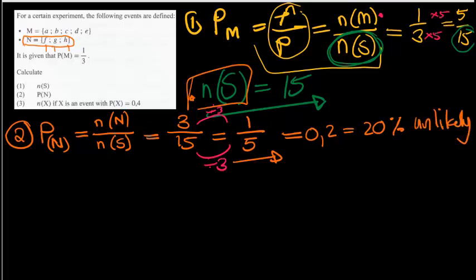Let's do the last question here. Question number 3 is asking, what is NX? The question is, what is the number of options in X, if the probability of X is 0.4? So let's do that one. We're going to say the probability of X happening is 0.4, but I want to work with fractions instead.